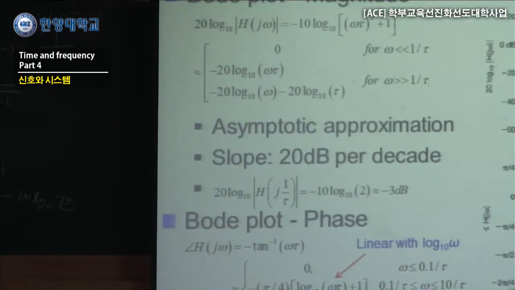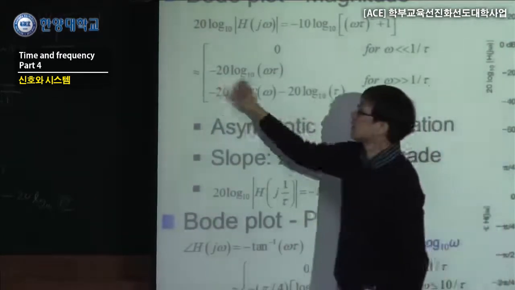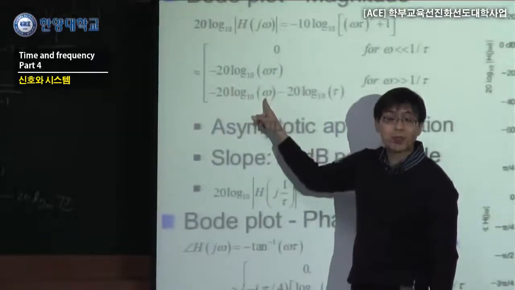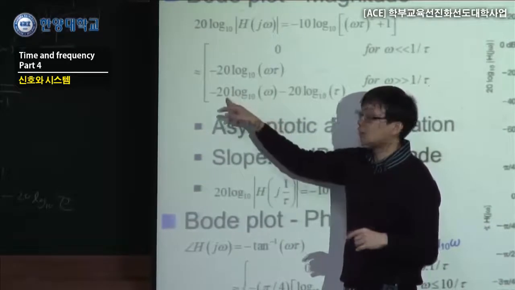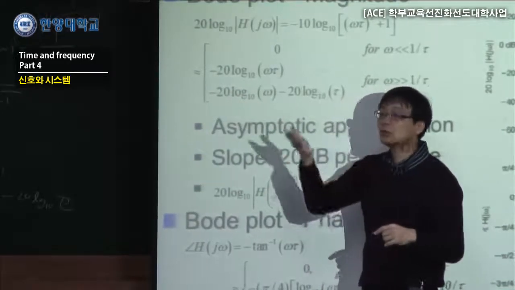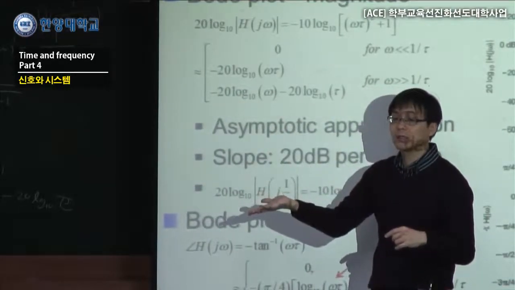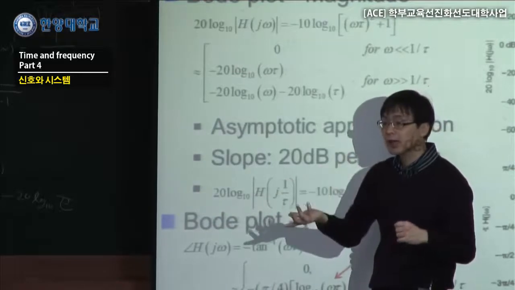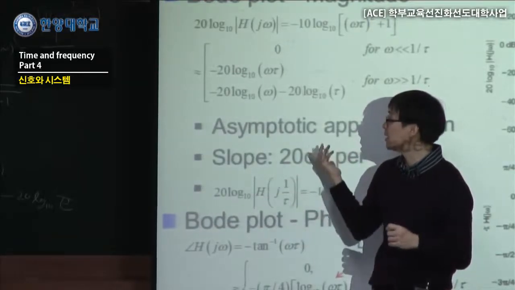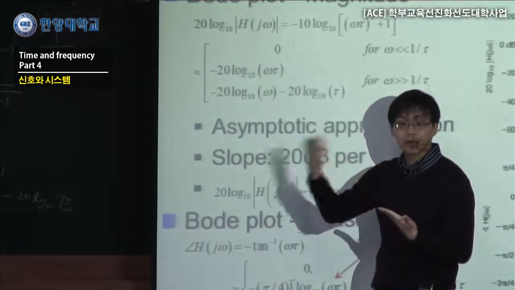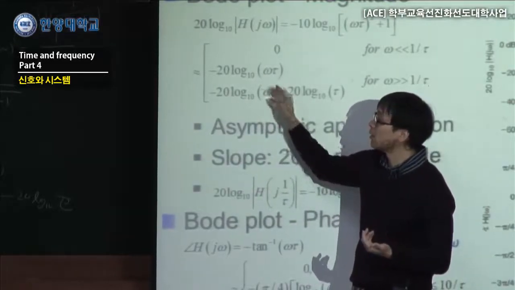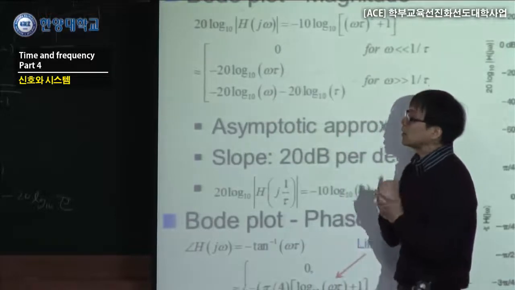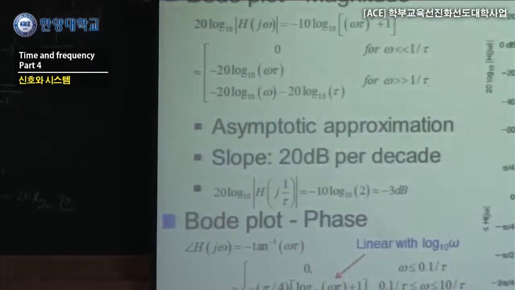That's why you know it from this one. So when this increases by 10 times, from 1 to 10, then it decreases by 20. 10 to 100, an increase by a decade, means they increase like that. If they increase from 10 to 100, then they will increase like that.